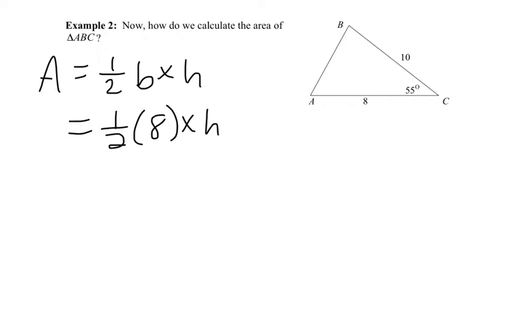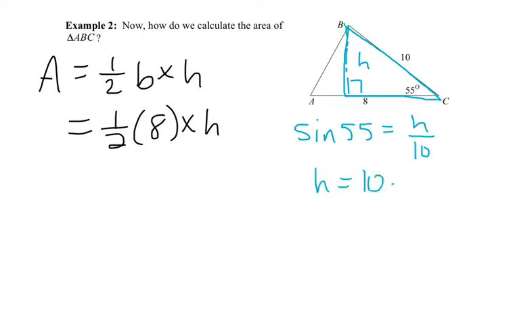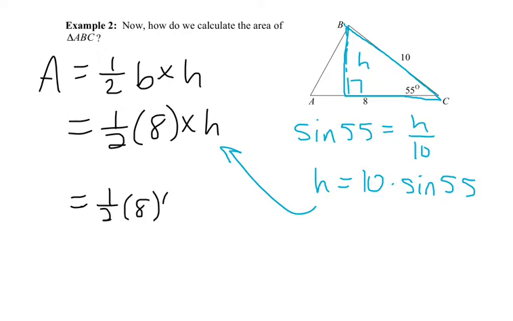Well, if I draw in a right triangle here, there's my right triangle, and if I look at this right triangle, here's my height over here, and I can see that sine of 55 is height over 10, because height is my opposite, and 10 is my hypotenuse. So the height is 10 times sine 55. So I can substitute that in over here. And so my area is 1/2 of 8 times 10 times sine of 55.